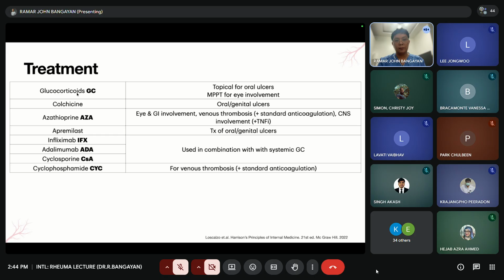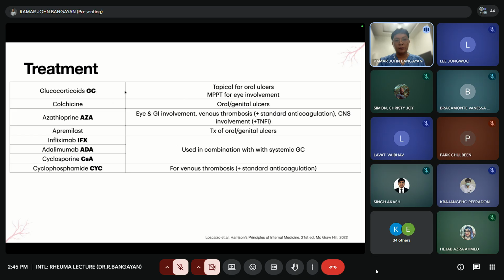That is what it does in gout management. But here, it utilizes the same mechanism of action to prevent the inflammatory response. That's why colchicine is used as maintenance, especially for the formation of oral and genital ulcers. So if you have genital ulceration, use colchicine twice a day.